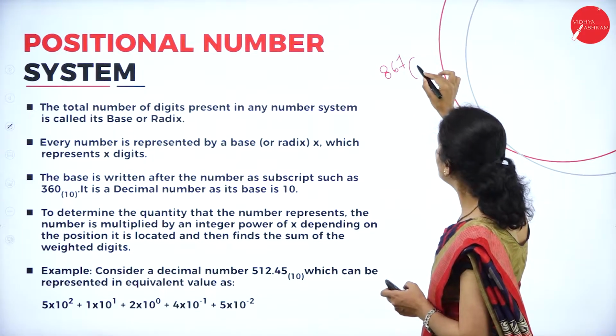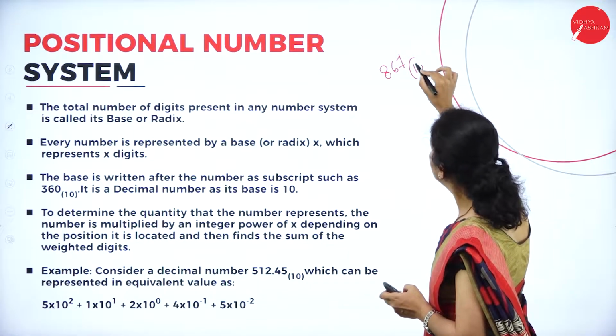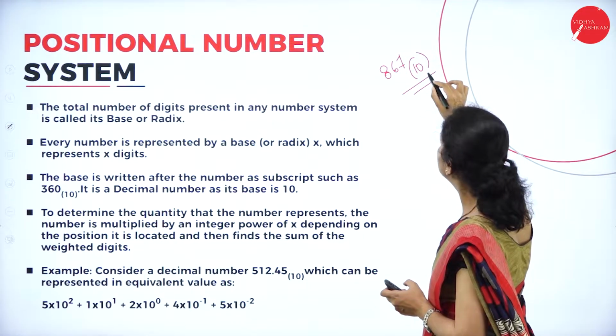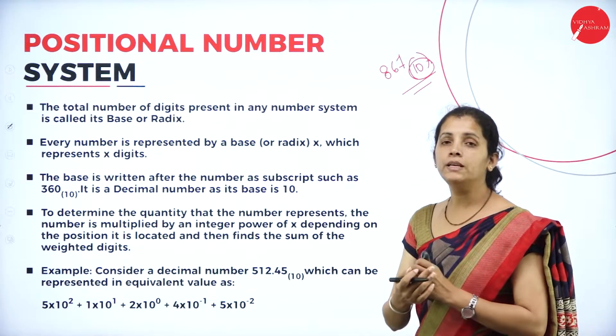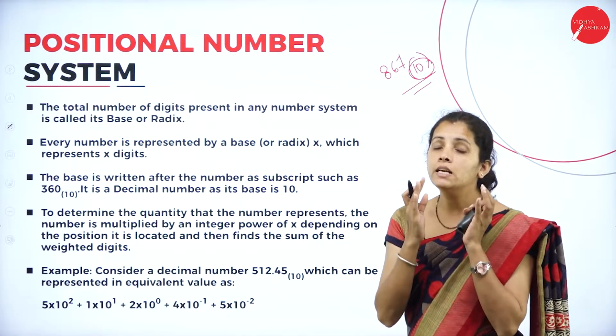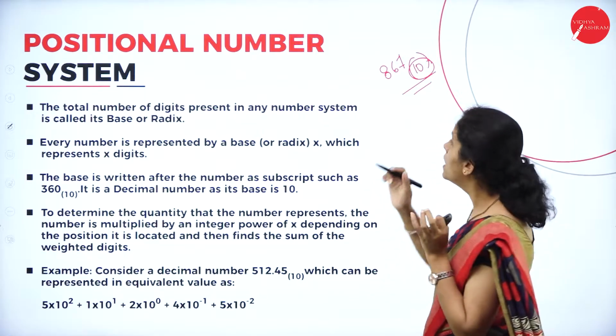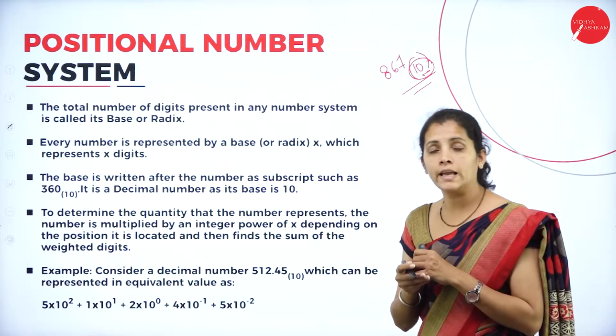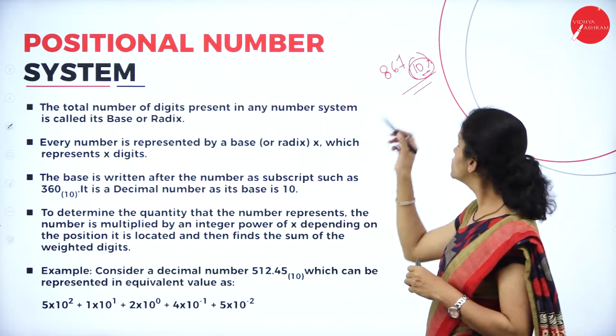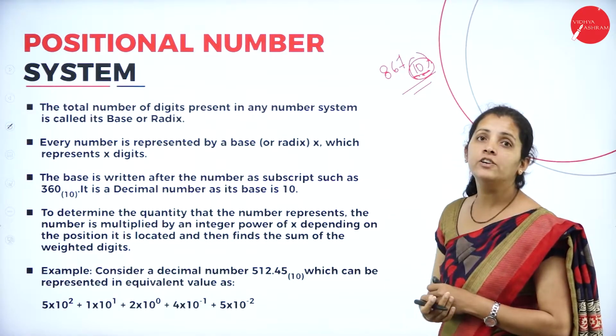867. So what is this? This is nothing but a decimal number, in the decimal number system, and it represents the range of numbers I can use here. So what is my range? It is 10.